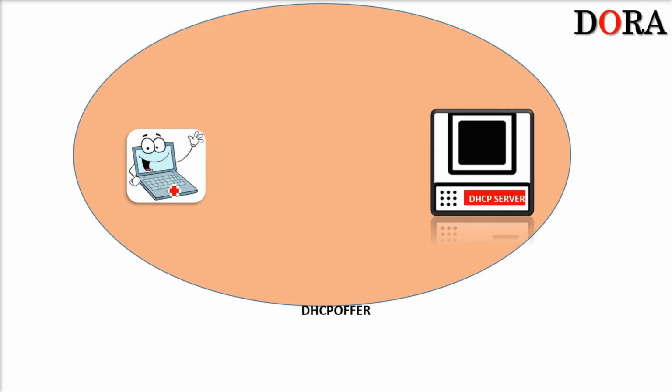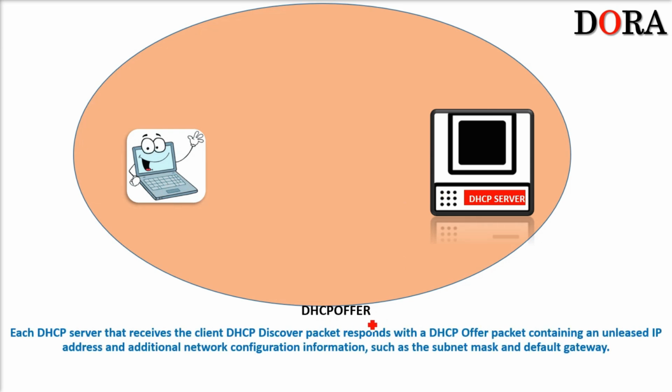Each DHCP server, because there can be more than one DHCP server, that receives this client DHCP discover packet, which was sent when the computer joined the network, responds with a DHCP offer. That is why we call it O here. This DHCP offer packet contains an unleased IP address and the additional network configuration: the IP address, subnet mask, and the default gateway.